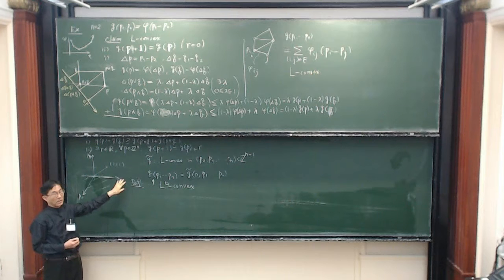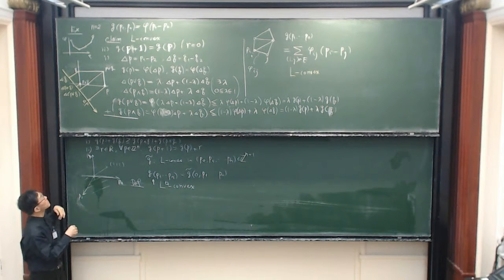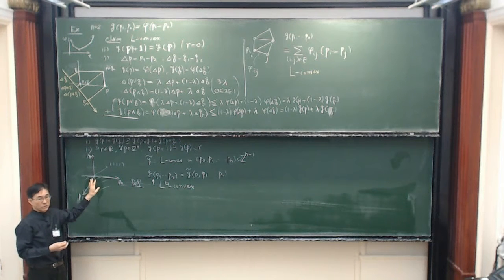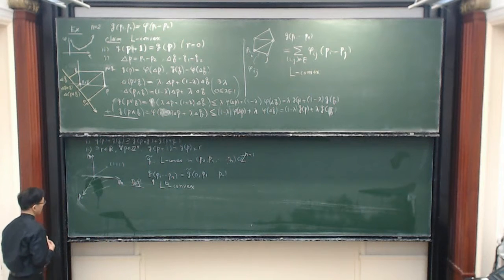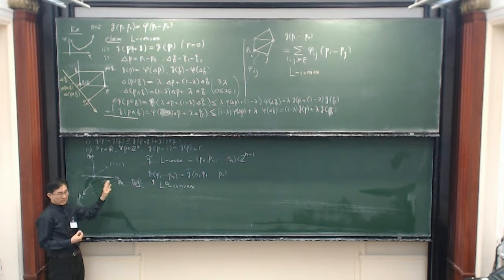Okay? And by adding, the separable convex function is an L natural convex function, because each of them is L natural, and L natural is closed under this. Okay. But there are a number of characterizations of L natural convex functions.